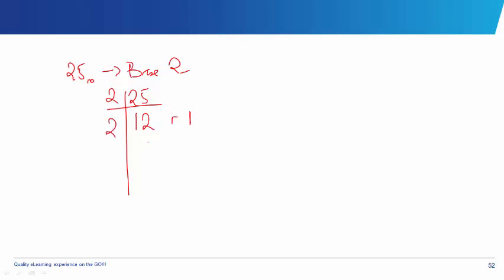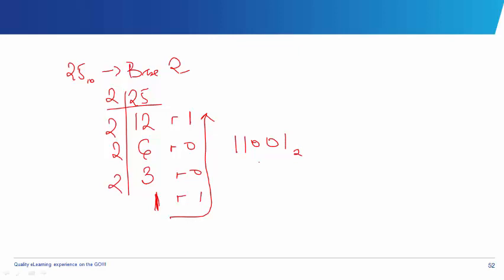Then 12 divided by 2 will give us 6, remainder 0. 6 divided by 2 will give us 3, remainder 0. 3 divided by 2 will give us 1, remainder 1. So we've now gotten to 1. What we'll do is count up this way. So our answer becomes 11001 base 2. Okay? So this is our answer.